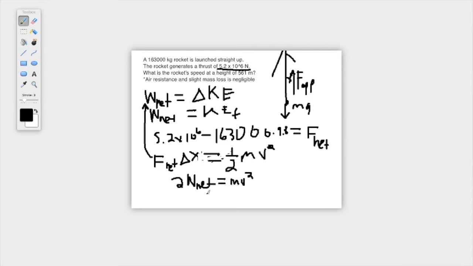Then you divide m on both sides: 2 W net over m equals v squared. And then v would equal the square root of 2W net over m, which should be around 157.47 meters per second.